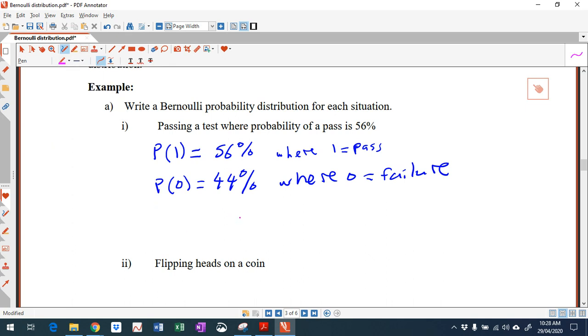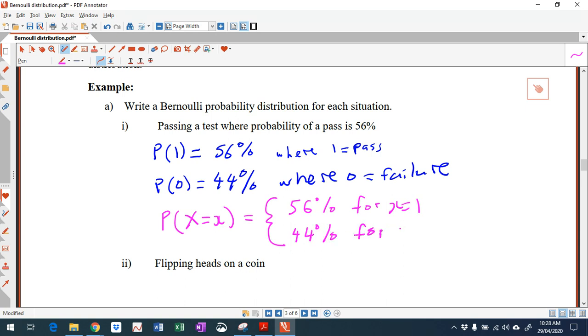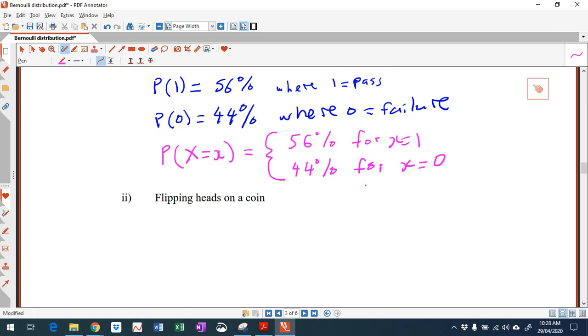So we're going to write down probability, capital X equals X, equals, parentheses, 56% is our success, and that's for X equals 1, and 44% for X equals 0. Okay, let's look at the next one.